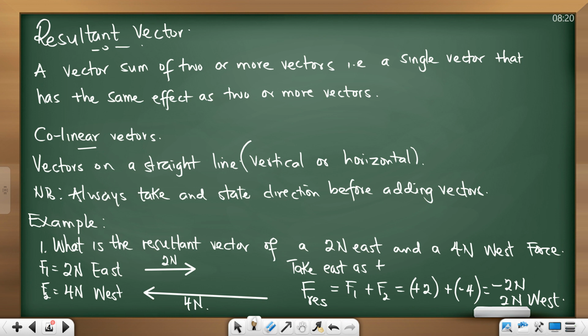You must write the direction, except the examiner wants you to just write the magnitude. But if they want the force, because it's a vector quantity, you must write both magnitude and direction. Are we okay? So this is an example of linear. Why linear? It's in a straight line.